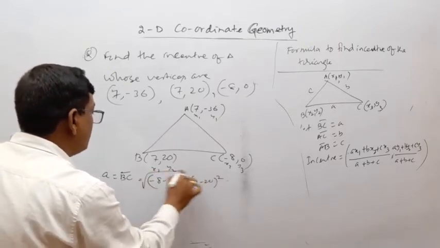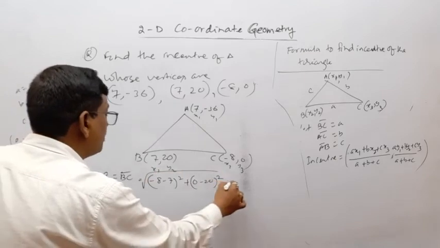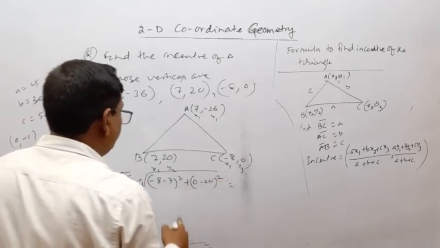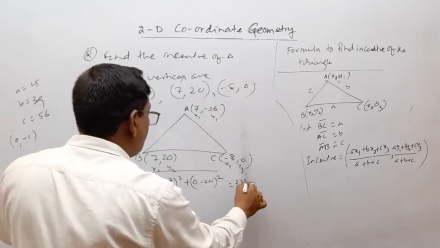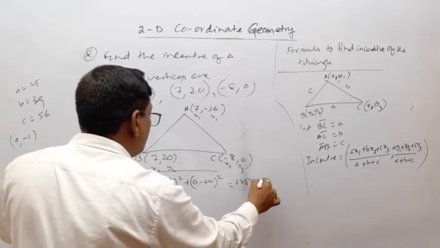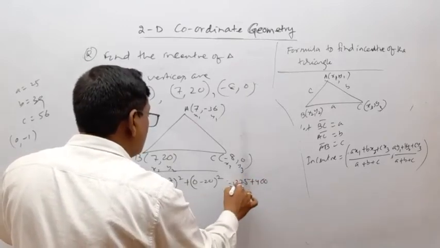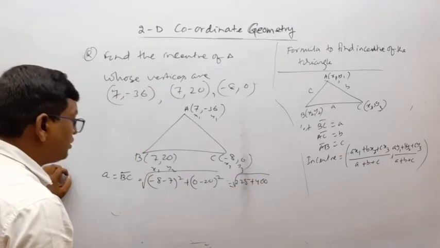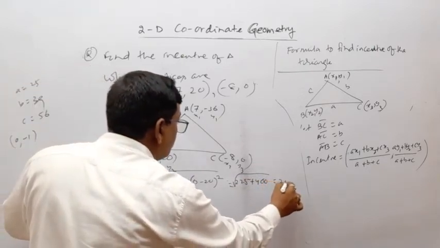Calculate this: 15 squared is 225, and 20 squared is 400, root over. This is equal to 25.